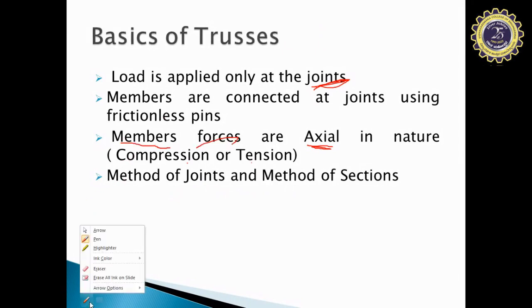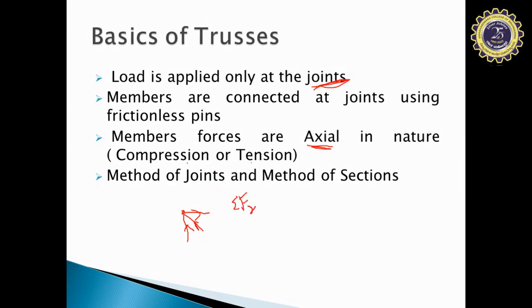So if we want to find the member forces, we need to use either method of sections or method of joints. As you all know, method of joints is the method where you consider one of the joints in the truss where 2 to 3 members are connected to it, and each member force needs to be found using sigma Fx equal to 0 or sigma Fy equal to 0.